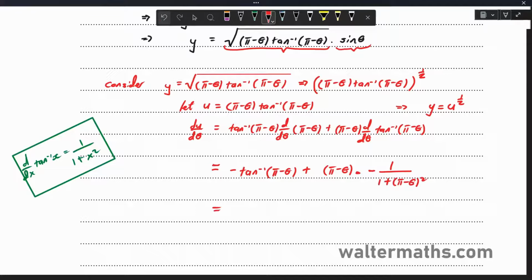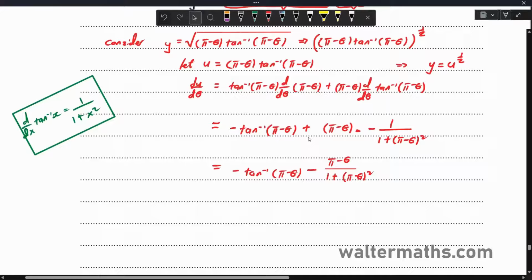So essentially we have minus arctan(pi minus theta), and it's minus now because of that negative, minus (pi minus theta) over 1 plus (pi minus theta) squared. I hope you're tracking so far. Yes. Okay, good.